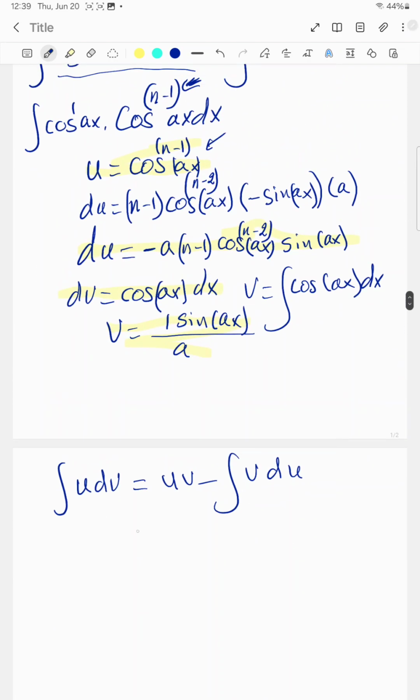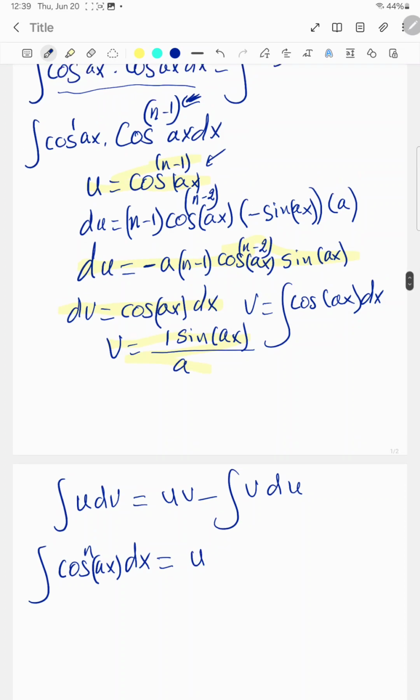The integral of cosine to the power n ax, the same integral that I worked with, is equal to u times v. My u is equal to cosine n minus 1 ax, times v, which is equal to sine ax divided by a. So this is my uv, minus v du.